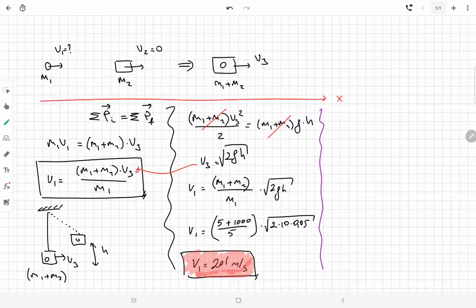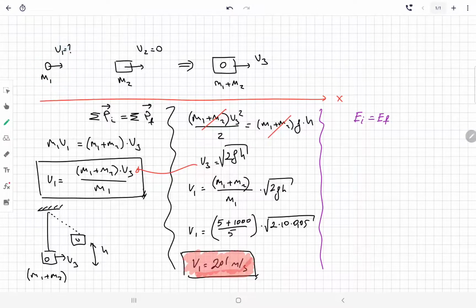So again, energy is conserved, which means total initial energy should be equal to total energy after collision.